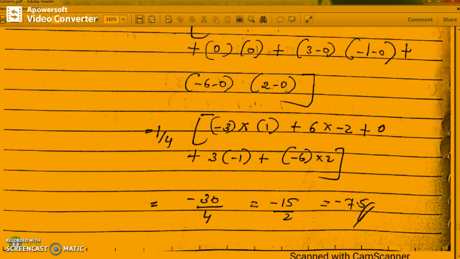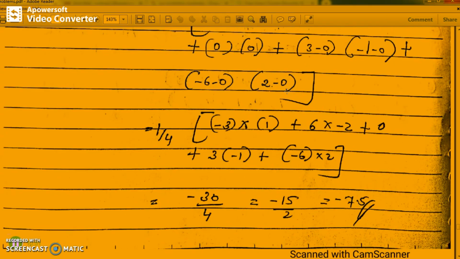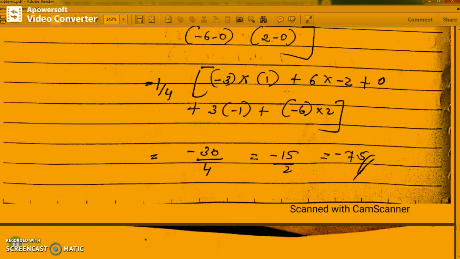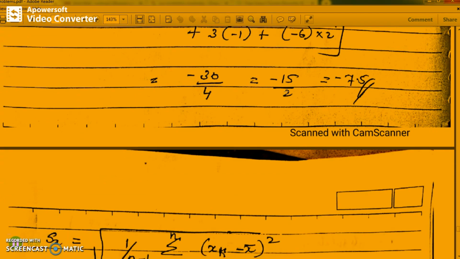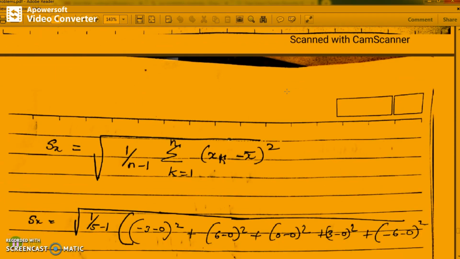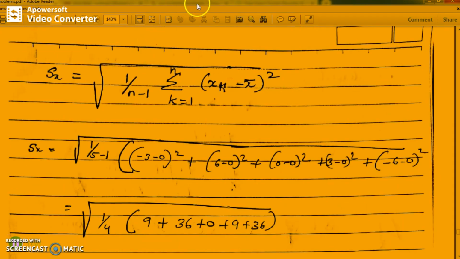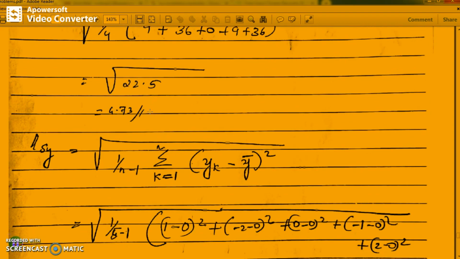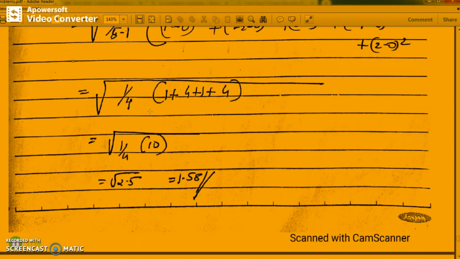Okay, so the covariance you're calculating here something like this. The numerator you're getting is minus 7.5. Now what is remaining? The standard deviation, the denominator part you have to calculate. So this is the standard deviation Sx that you're calculating. The answer you get here is 4.73. Sy also you have to calculate, the standard deviation of y.